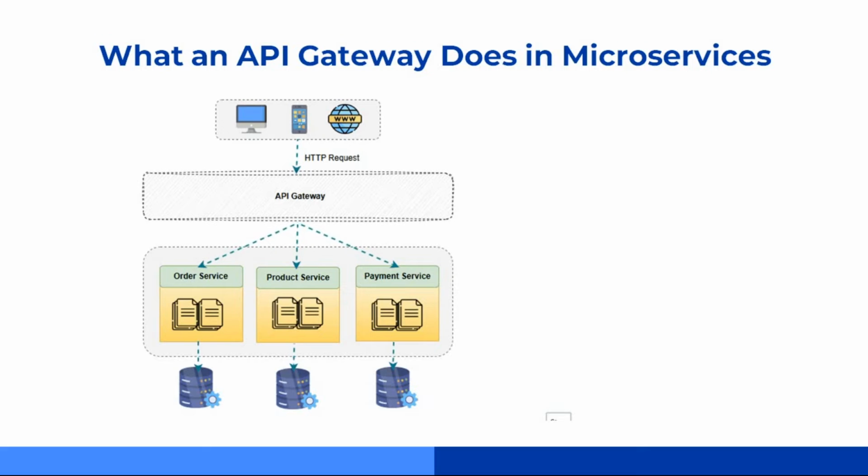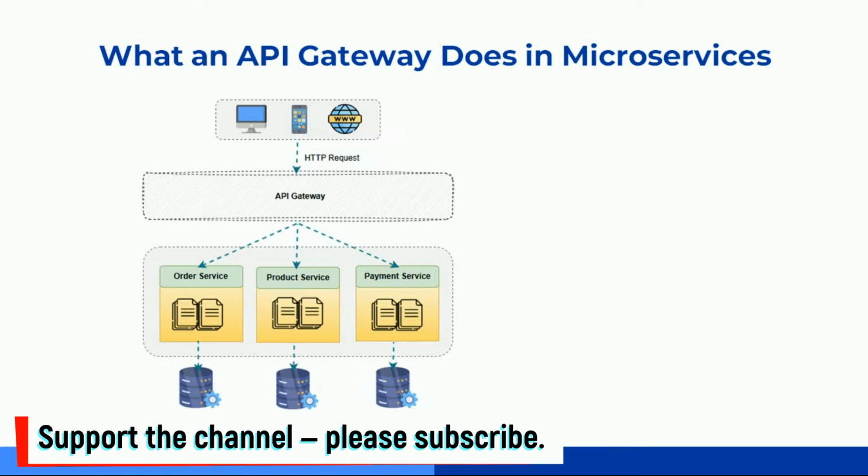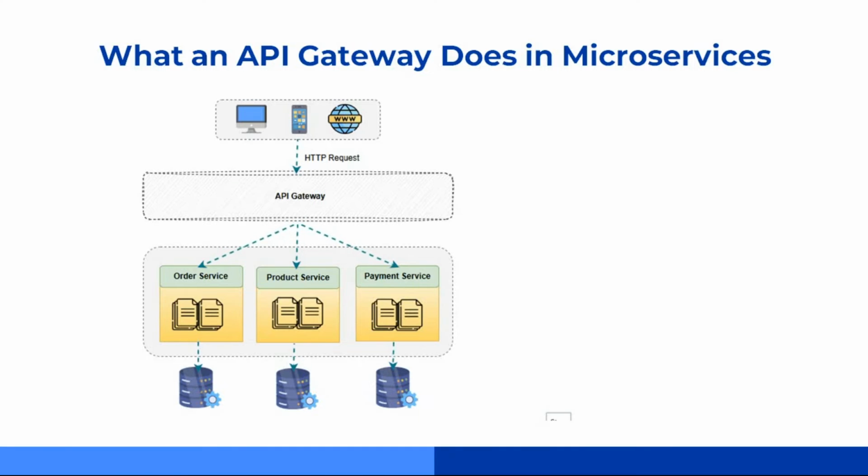The client sends one request to the API gateway, and the gateway takes care of routing it to the right service like order, product, or payment. It also handles a lot of common tasks like authentication, rate limiting, logging, and even combining multiple responses into one, so your services stay clean and focused on business logic, and the client only talks to one entry point, the gateway. In short, an API gateway is a single.